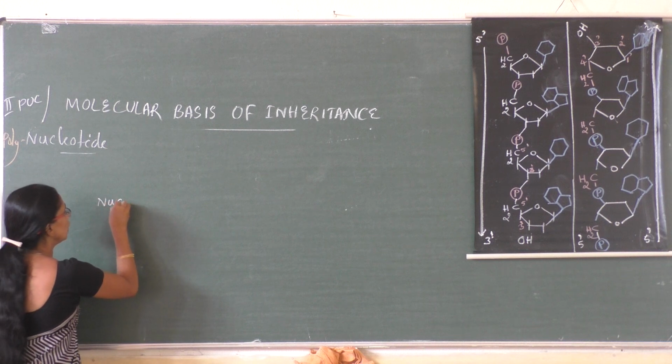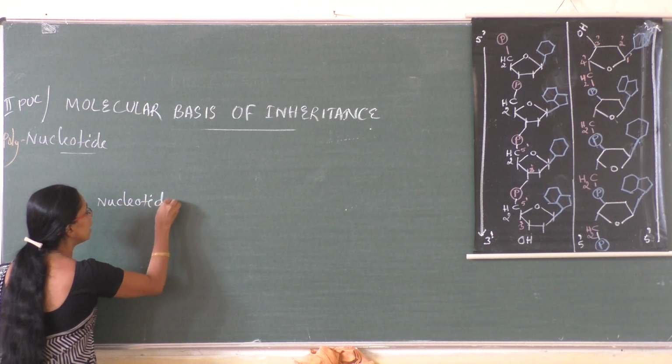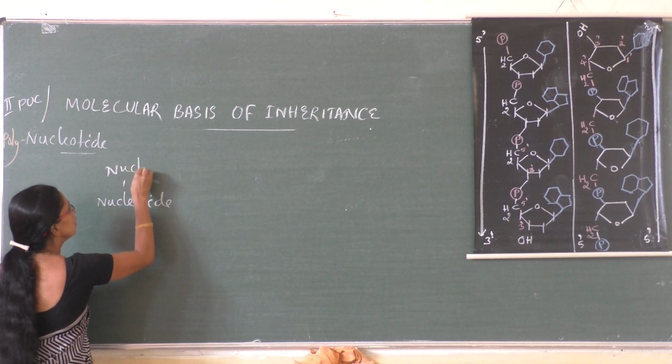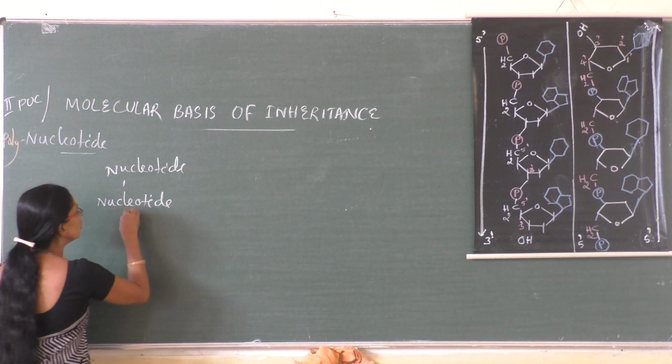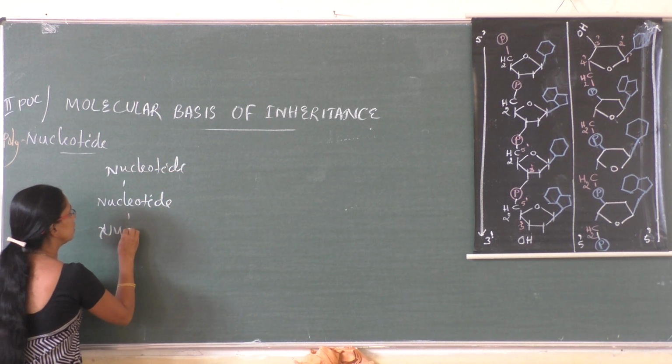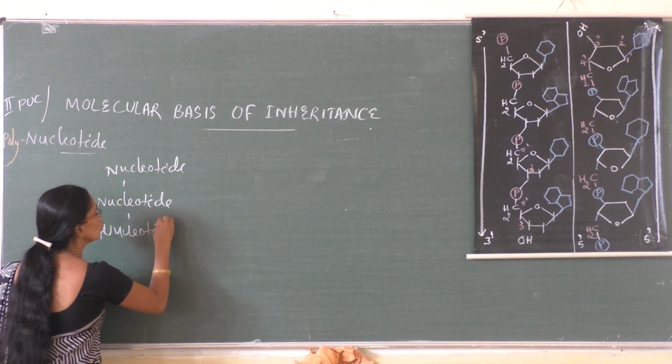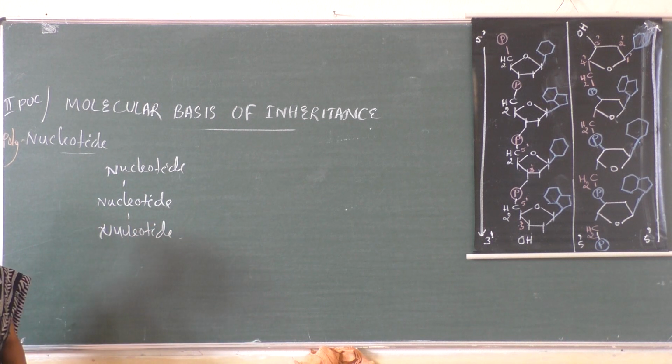Think of a nucleotide: one nucleotide is attached to another nucleotide, like this. So several nucleotides make a long polymer.